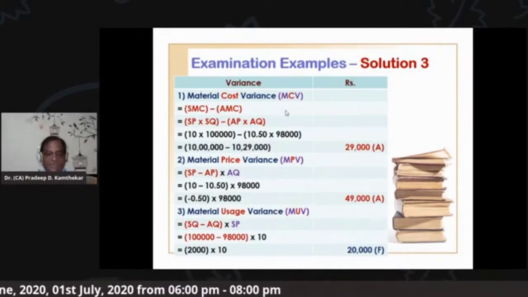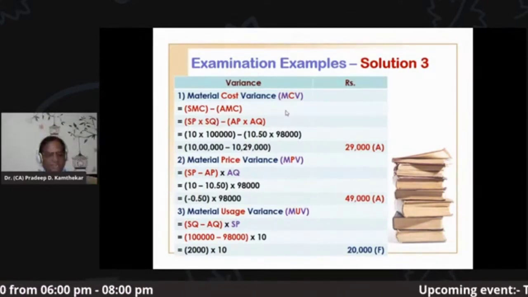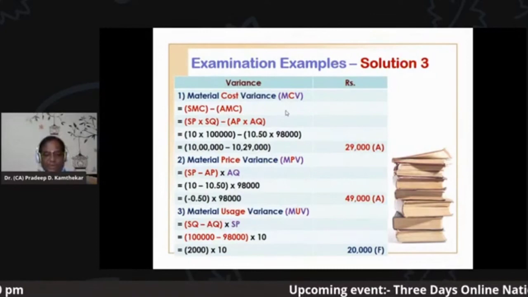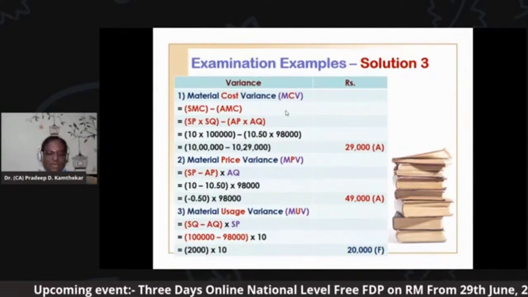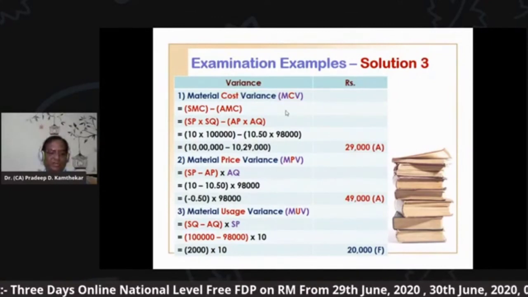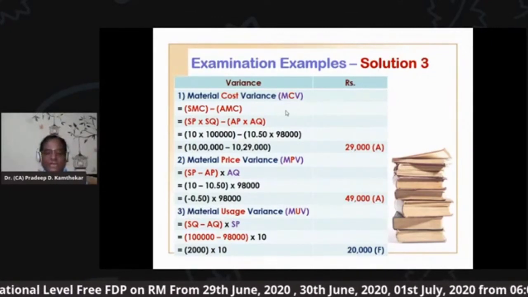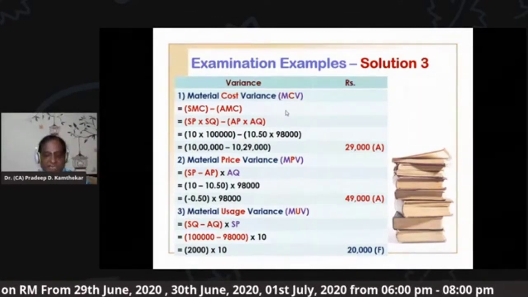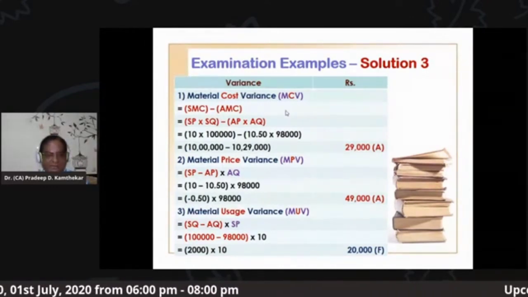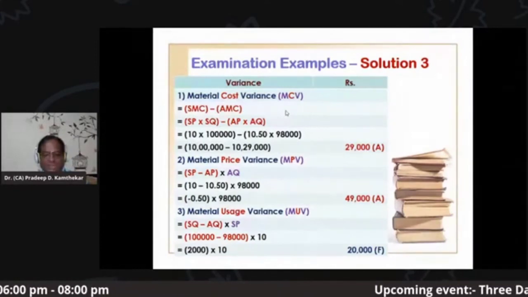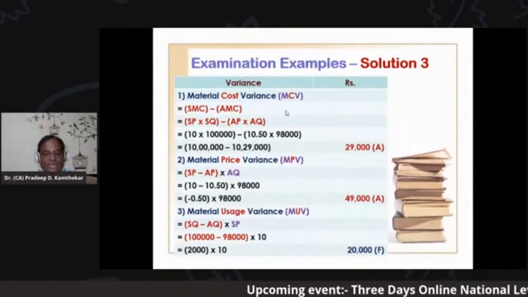Now friends, see, price variance is negative, that is adverse. Material usage variance is positive, that is favorable. And when we add these two, I told you, you cannot add favorable to adverse. So in such a case, you have to take a difference. Bigger figure, that is 49,000, from that we have to minus the lesser figure, that is 20,000. So 49,000 minus 20,000, the difference is 29,000.